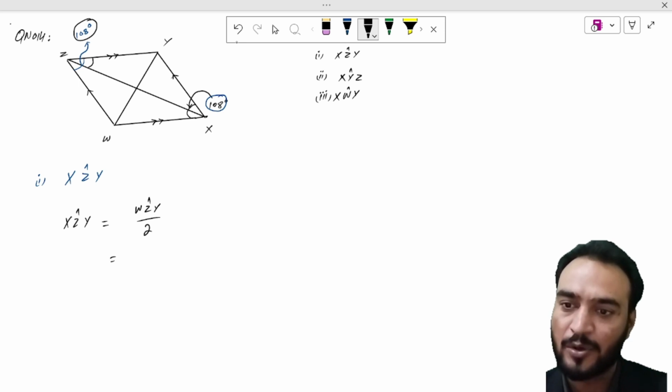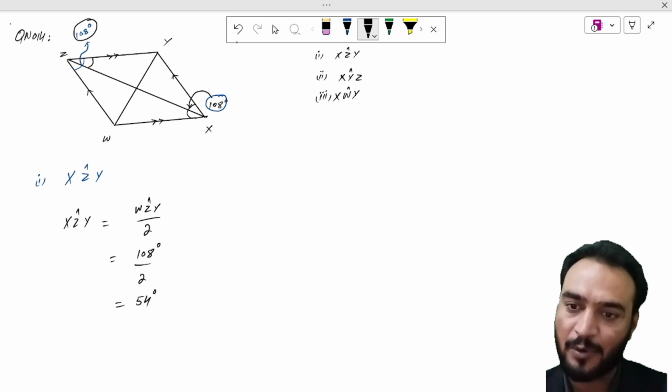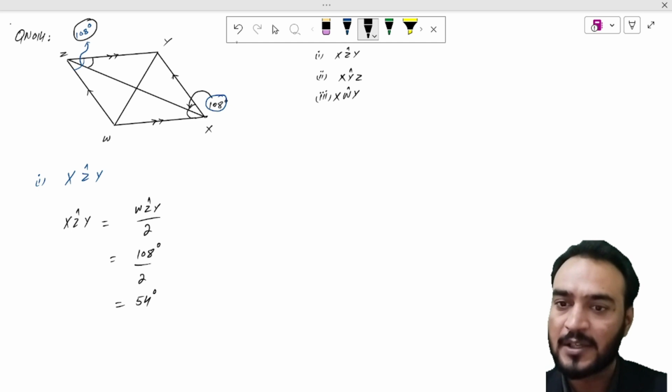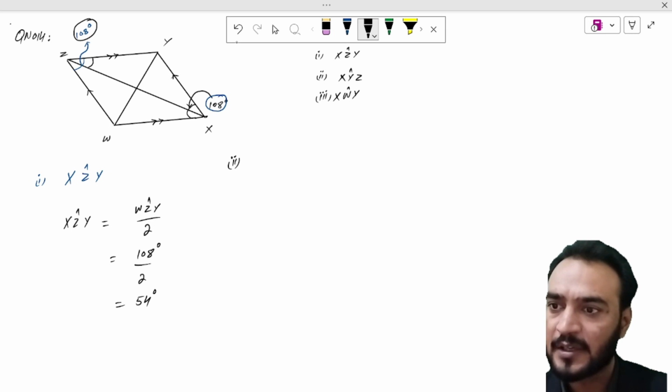So the angle WZY is equal to 108 degrees. We divide it by 2 and this becomes 54 degrees. So angle XZY is equal to 54 degrees. Now we will find part 2, and part 2 is XYZ.